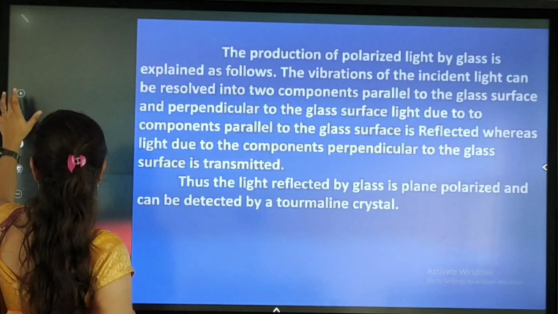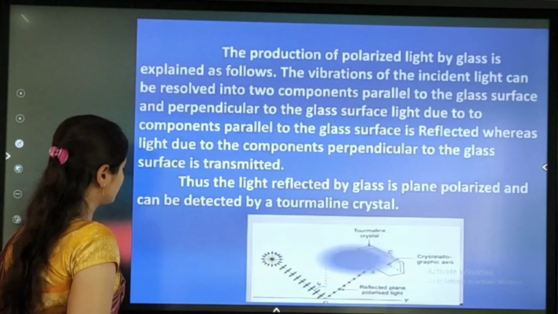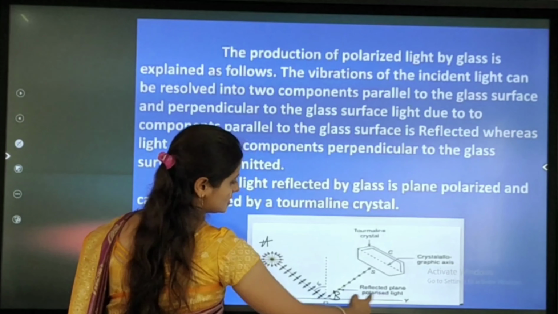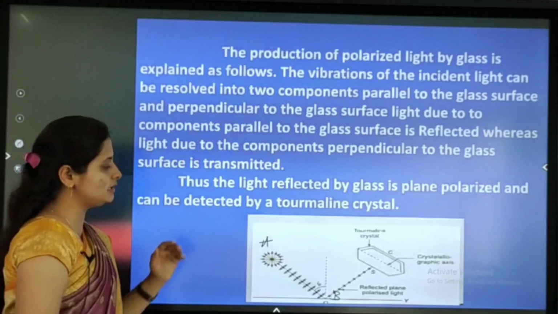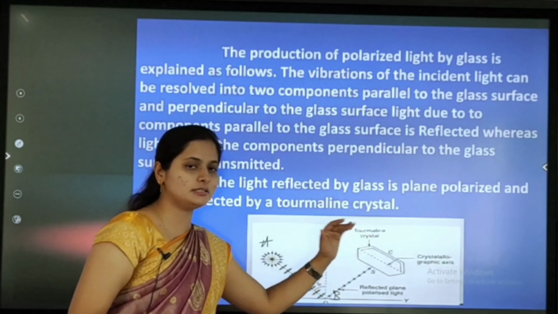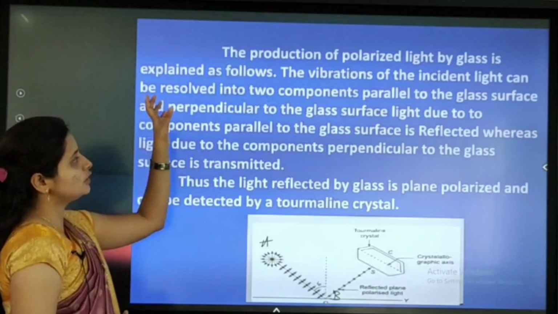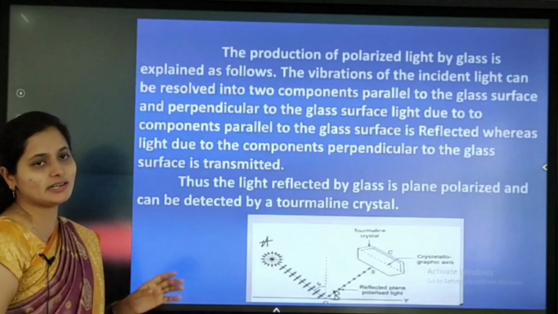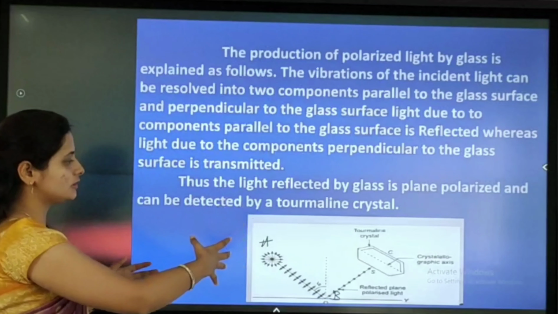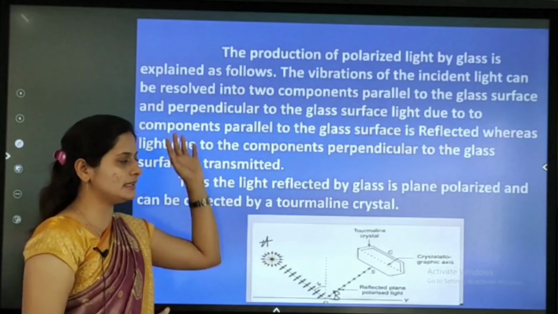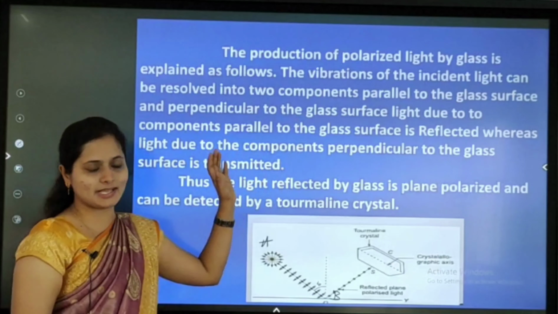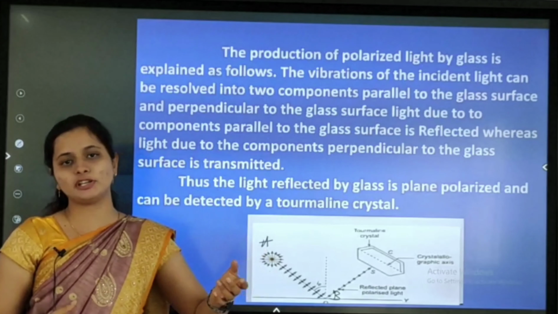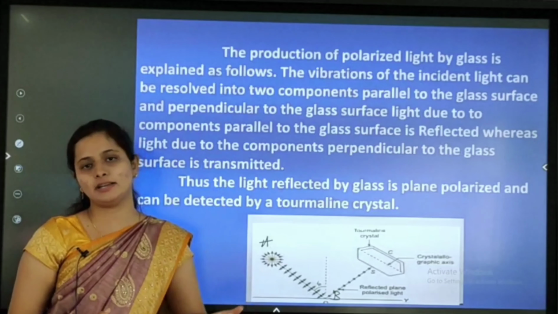Again, this is A, this is B, this is the glass surface and the crystal, and this is the polarized light. The production of polarized light by glass is explained as follows. Here we get the parallel as well as the perpendicular, transmitted as well as reflected light.